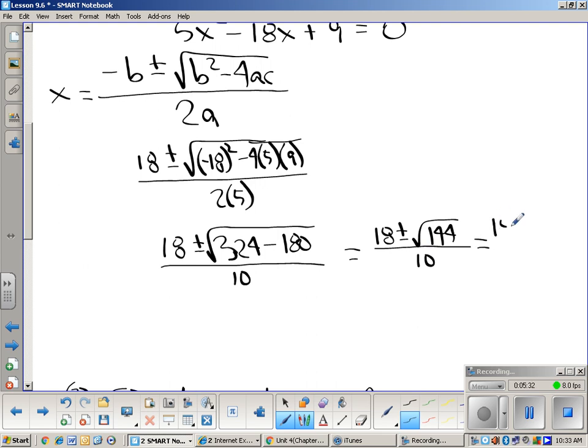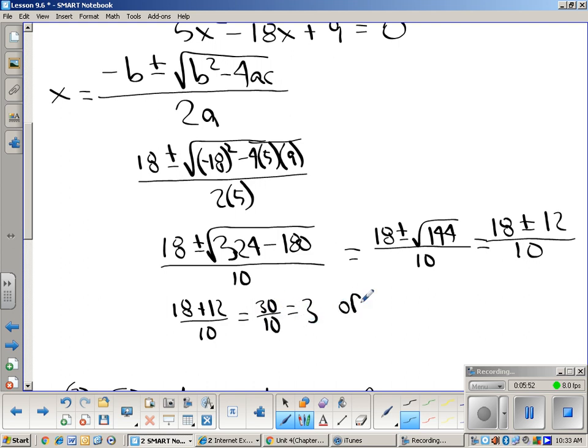And that's nice, 18 plus or minus 12, right? Over 10. So that's 18 plus 12 over 10, which is 30 over 10, which is 3, or it's 18 minus 12, which is 6 over 10, which is 3/5.